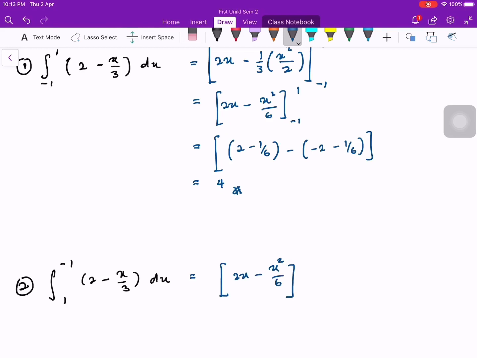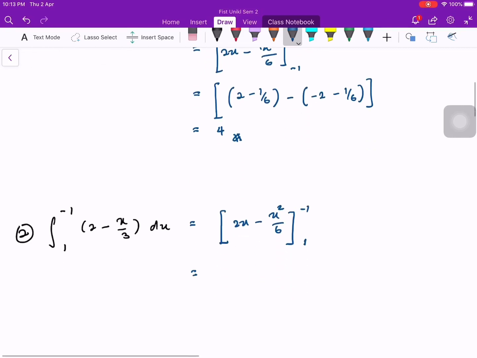So now we just have limits from -1 to 1. Then we are going to have -2 minus 1 over 6 minus with 2 minus 1 over 6, which is we're supposed to have -4.